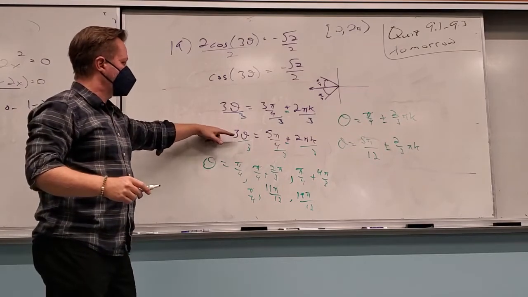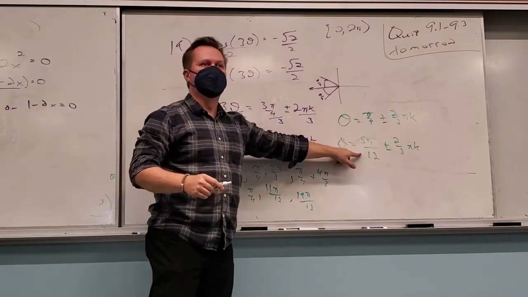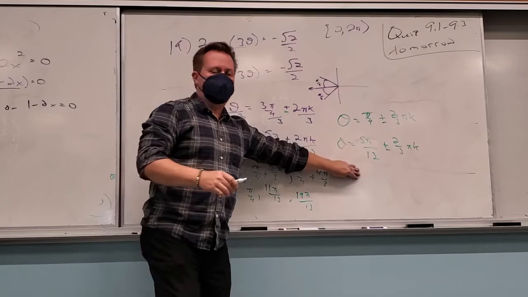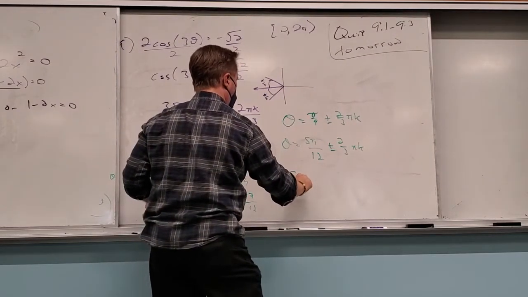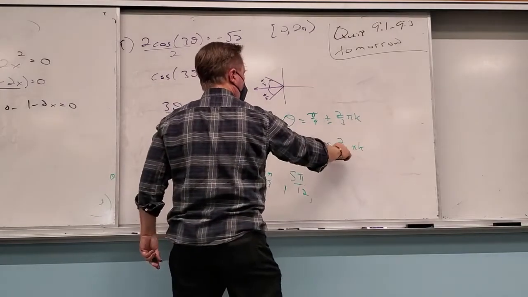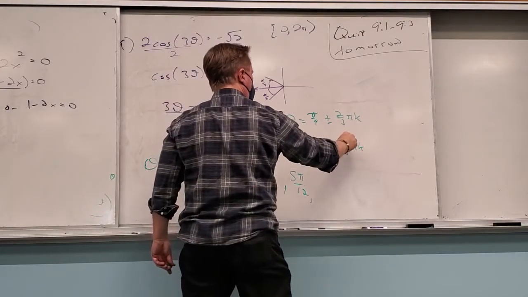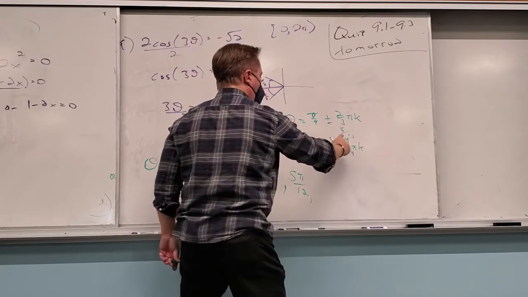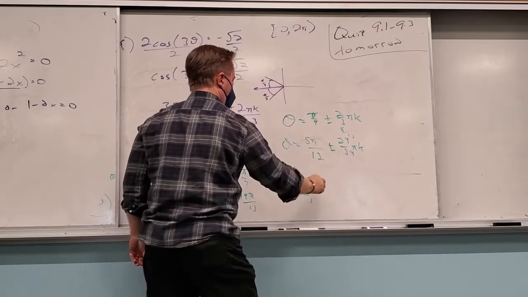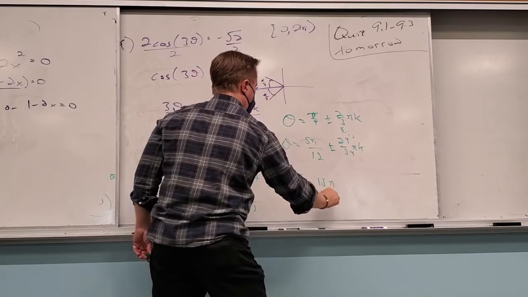Now I do the exact same thing with this one. Right, so for this one I would say it's 5 pi over 12. Then I have to add 2/3, which is, let's make this 8/12. It's going to make it a lot easier. So if I add 8/12, I'll get 13/12. That is still good.